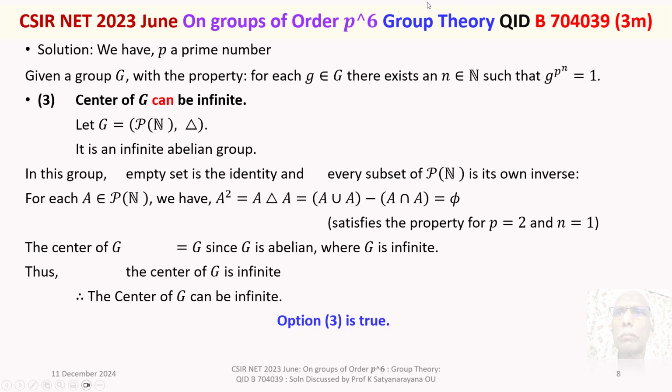Right. Now summarizing all the options, the answer to this question, as we have already seen, is option 4. And that is the detailed discussion of the solution of this problem from group theory, which is related to P groups, or in particular P groups of order P to the power of 6.